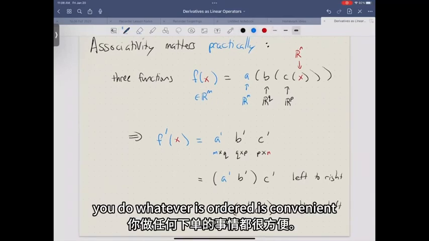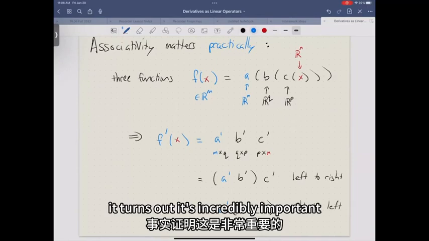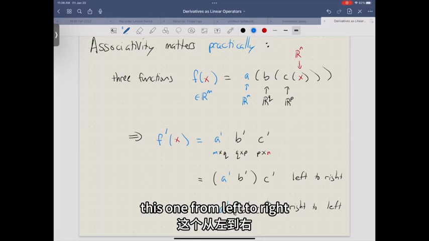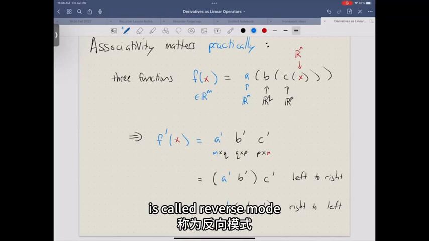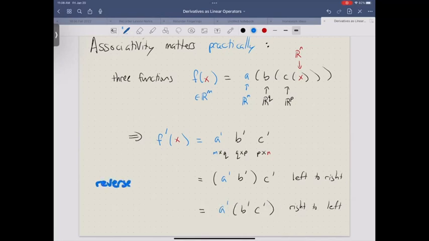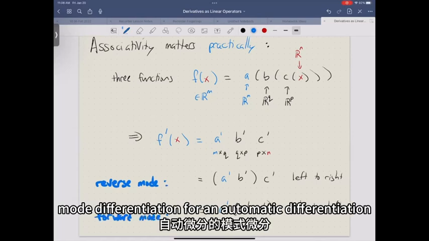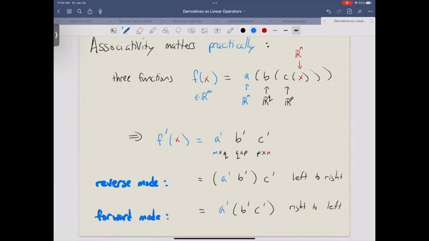You just do it in whatever order is convenient. It turns out it's incredibly important. This one from left to right is called reverse mode. And this is called forward mode differentiation, for automatic differentiation.